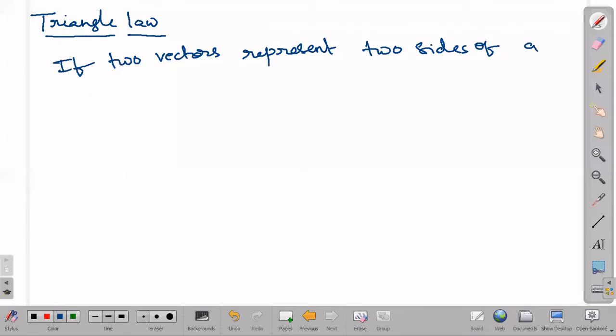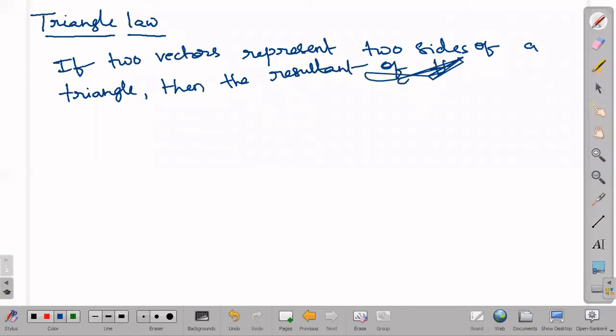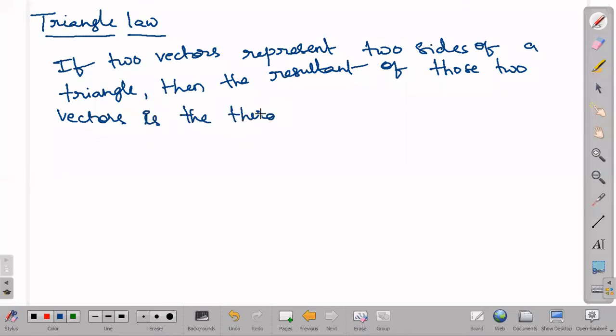If two vectors represent two sides of a triangle, then the resultant of those two vectors is the third side of the triangle.